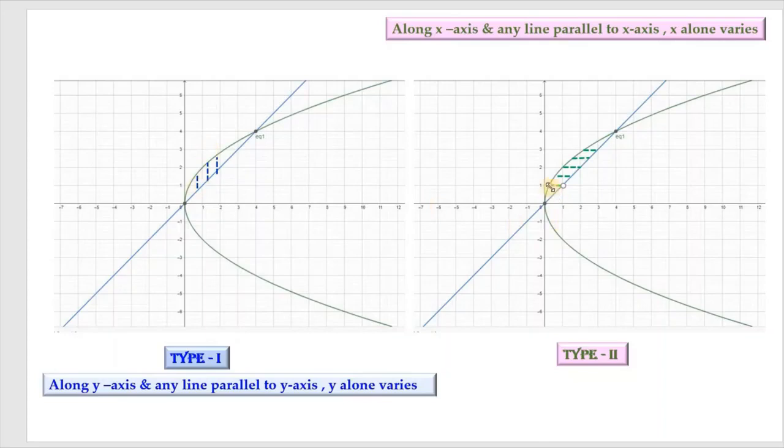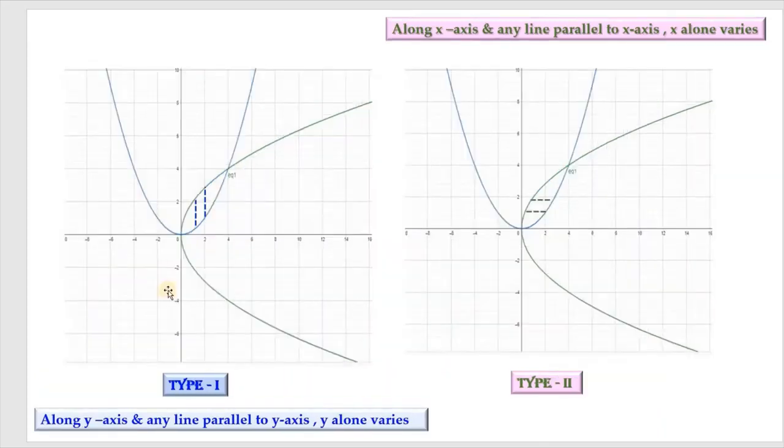In this case the initial point is a point on the line, and the end is on the curve. Here it is on the curve and then on the line. So you are changing the order. So just how to cover the region and how to give the limits, the initial and end point, is alone explained here. Actually we need to know the equation of the parabola and the line, and that will be discussed when the problems are discussed. And here we consider two parabolas.